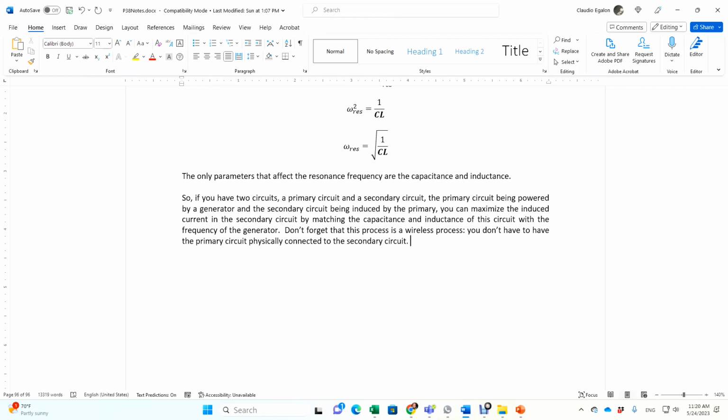All those induced electric fields do propagate in space. Remember that? We saw that before, right? The induced electric field is going to exist around the primary circuit in free space. You do not have to have a conductor between the primary and secondary circuits. Okay, that is the very principle of wireless communication.